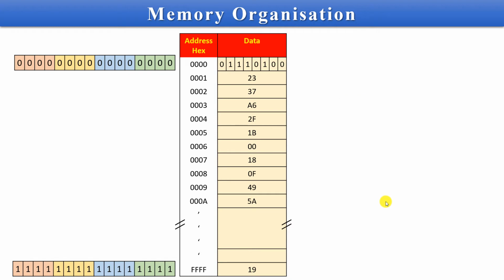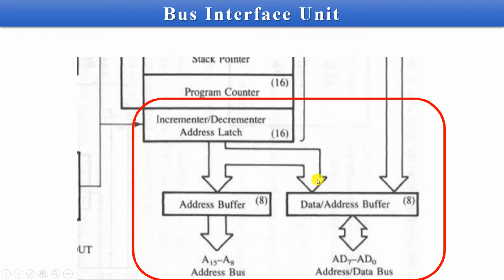Let us go ahead and try to understand the bus interface unit in more detail. So this is what we have. This is the address buffer and this is the data address buffer.